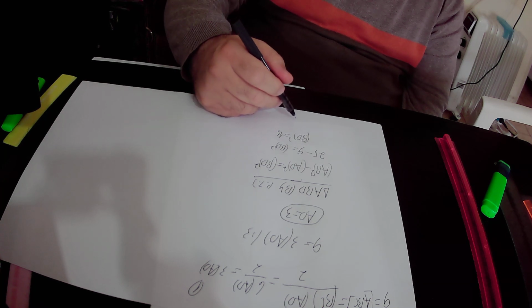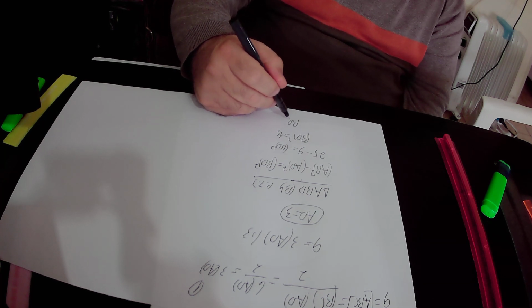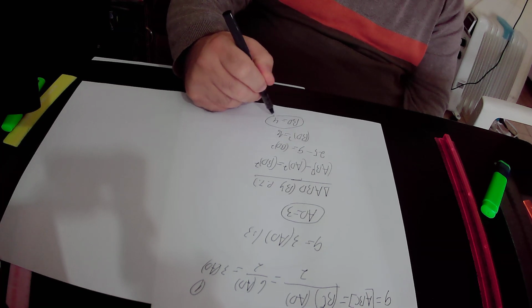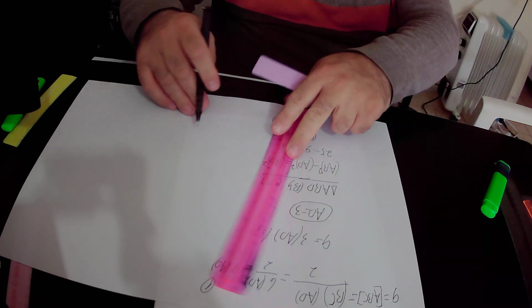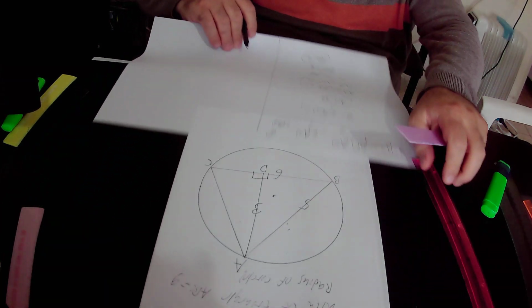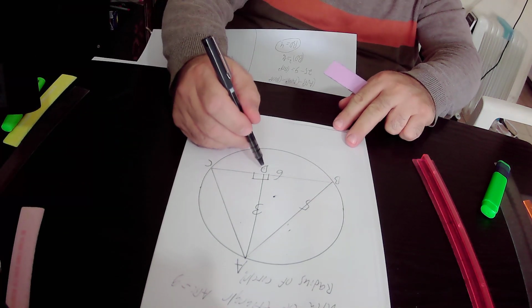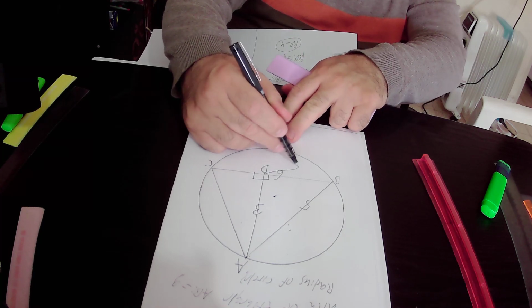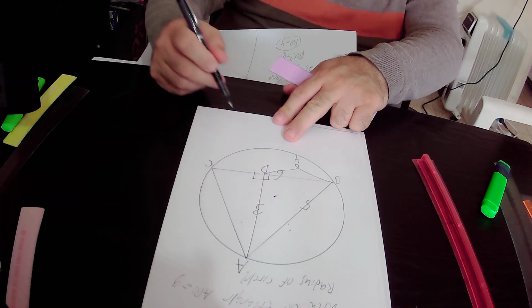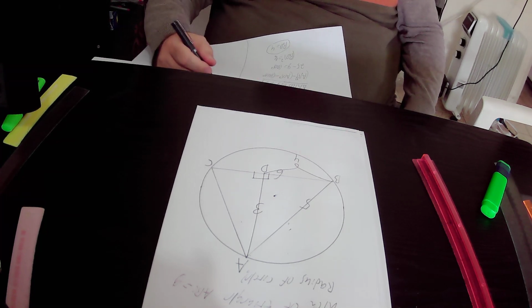We take the square root of this equation and we get that BD equals the square root of 16, that is 4. We found out that BD equals 4 units. So we can write here that BD equals 4 units.